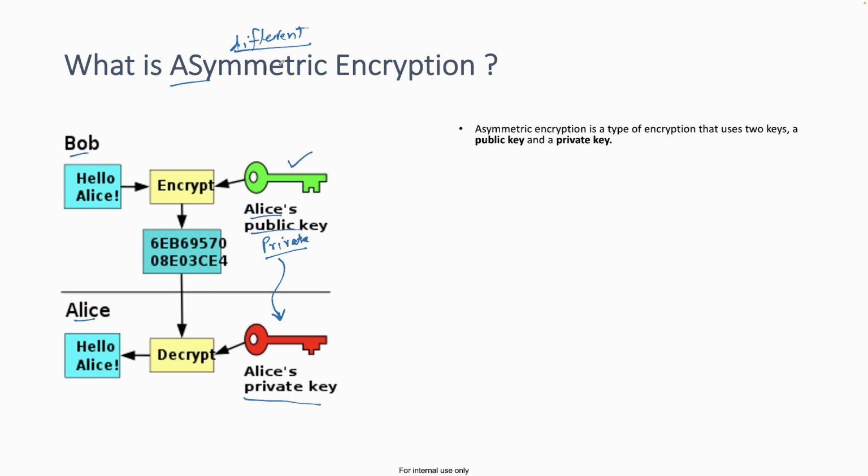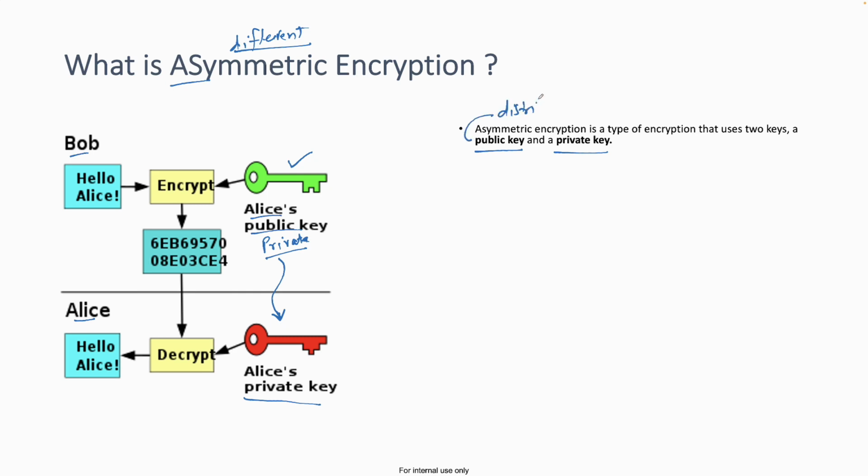So asymmetric encryption is a type of encryption that uses two keys, public key and private key. Now let's try and understand that part. As the name suggests, public means something that is available to the whole world, right? If I'm generating my public-private key pair, then I can distribute this public key to the whole world.